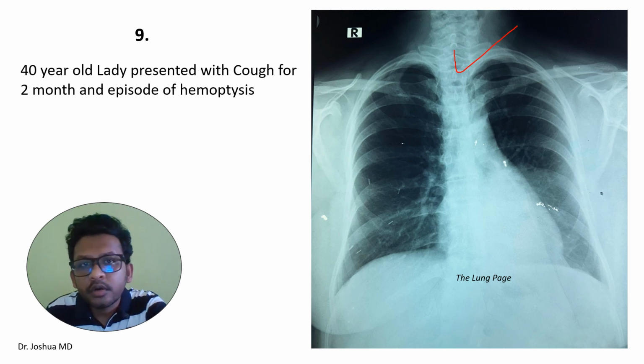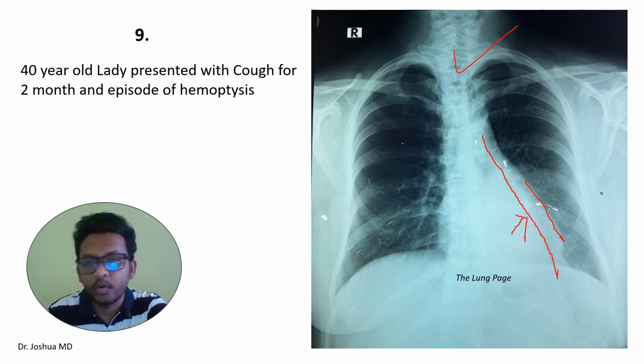As I previously told you, the retrosternal space, retrocardiac space and descending aorta must be visible in the chest X-ray. That is very important, and the dome of the diaphragm should also be visible. You can see behind the heart there is some line.